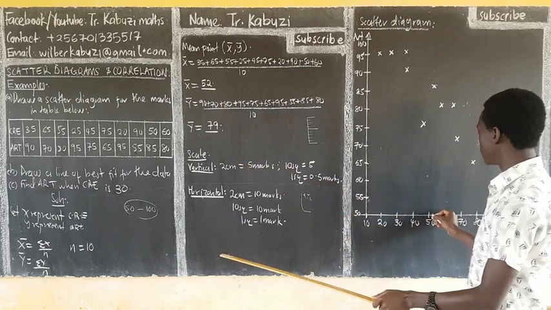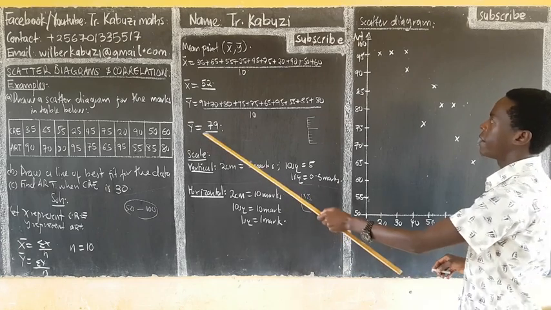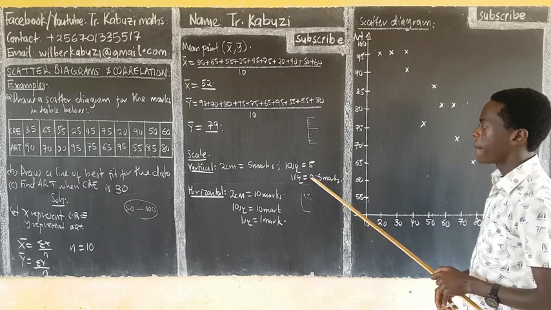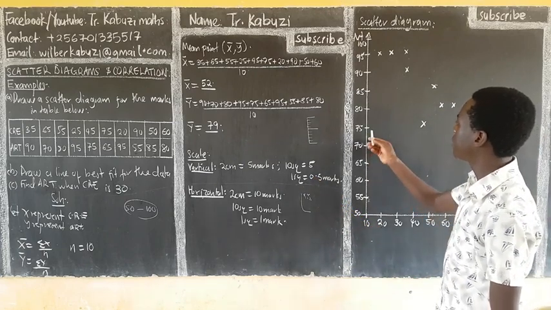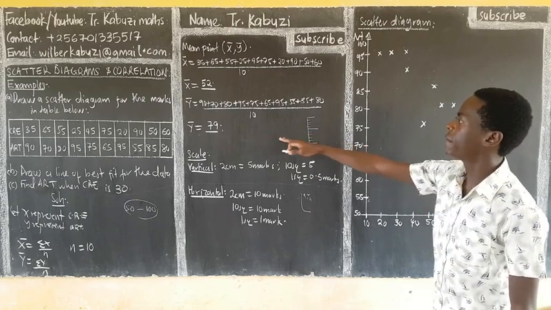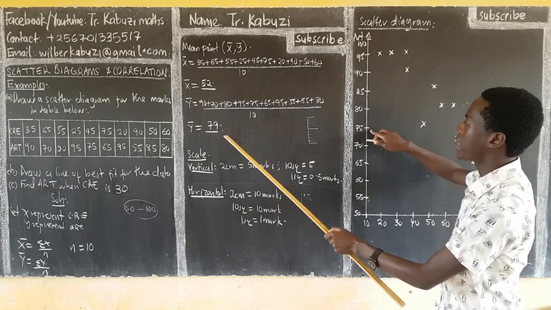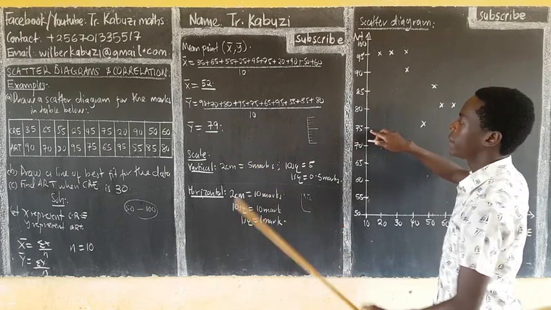Then I come to 79. On the vertical, each small square is representing 0.5. So where is my 75? You see that 79 is about 75. So start from here. How many small squares do you need? From 75 to 79, there are 4 small squares.